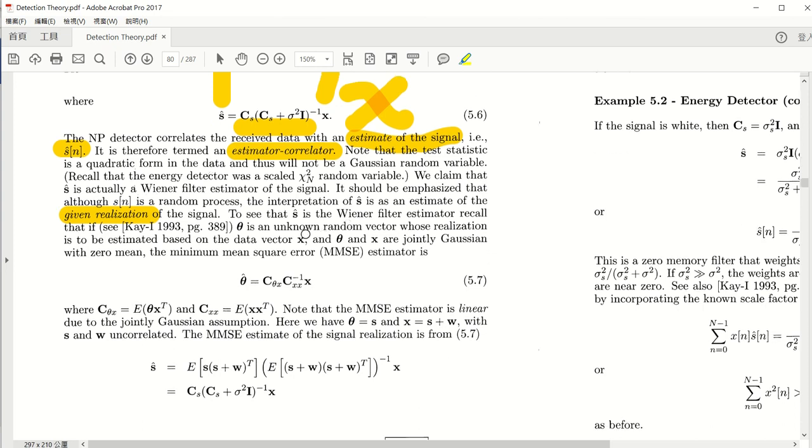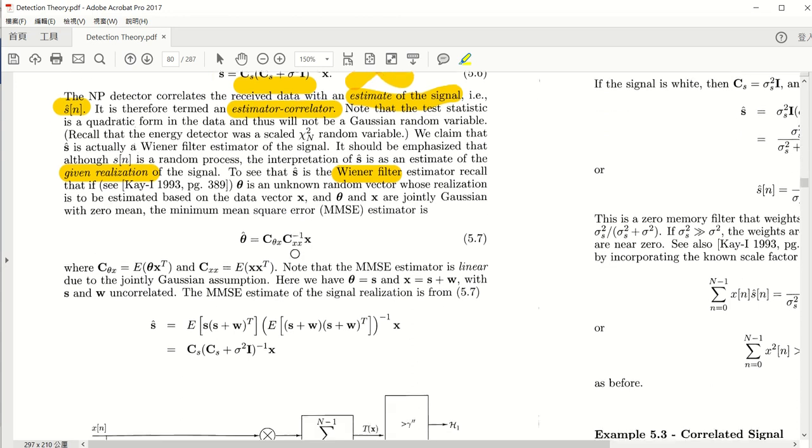It doesn't matter, it's just a name. Okay, and then theta is an unknown random variable whose realization is to be estimated based on the data vector x, and if theta and x are jointly Gaussian with zero mean, then the MMSE estimator is something like this.